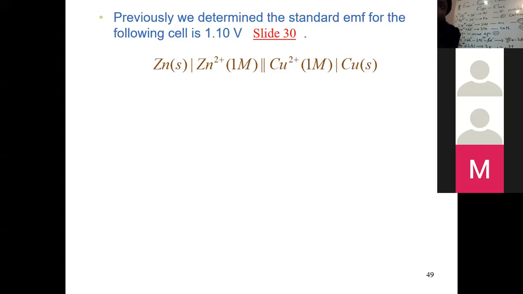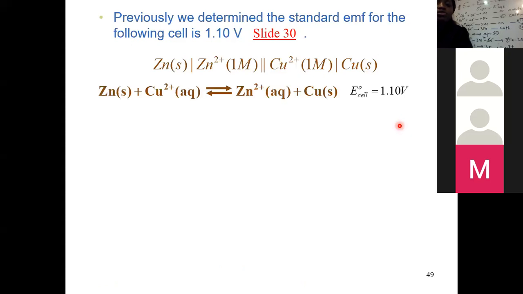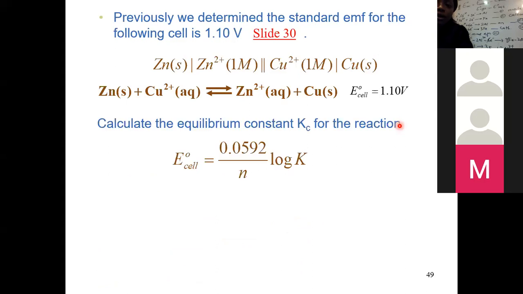In the anode, what we have is oxidation, moving to reduction. By a glance, you should be able to tell these things. So the final equation is zinc plus copper 2 plus to give zinc 2 plus and copper.